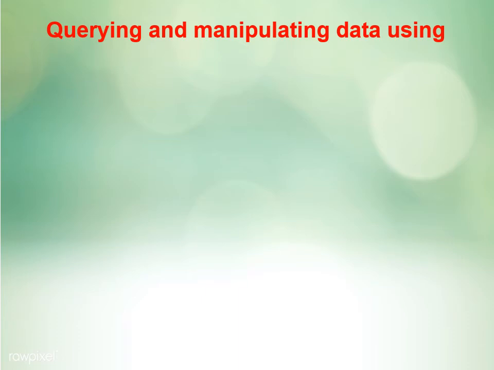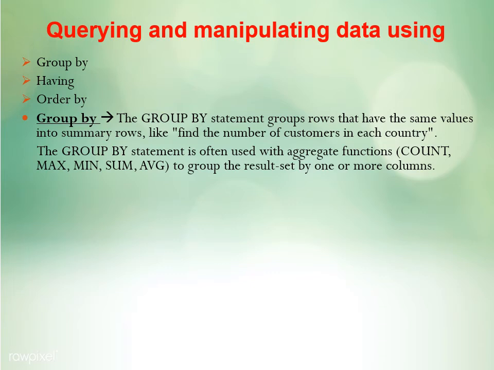Now we will talk about querying and manipulating data using group by, having and order by. So first we will see group by. The group by statement groups rows that have the same values into summary rows, like finding the number of customers in each country.